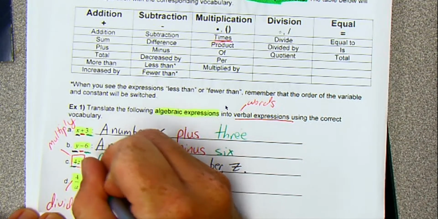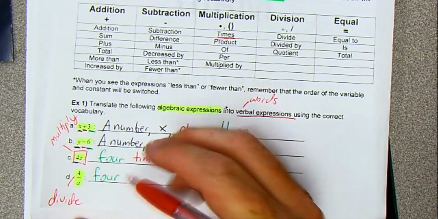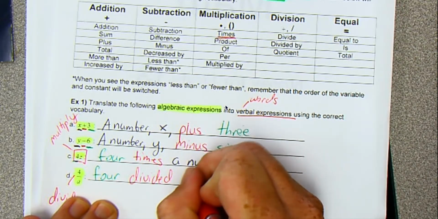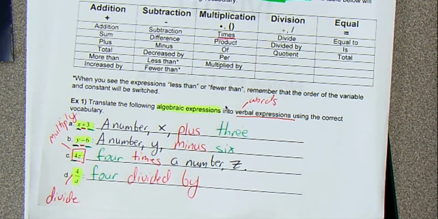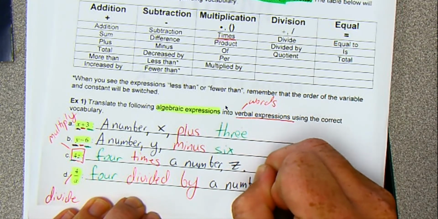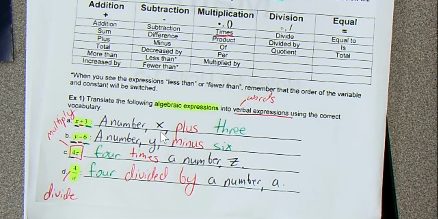Since it's division, for my operation, I'm going to write divided by. And then instead of simply writing a, we put a number, because that's what that variable stands for, comma, a.